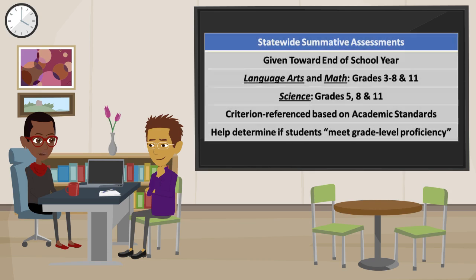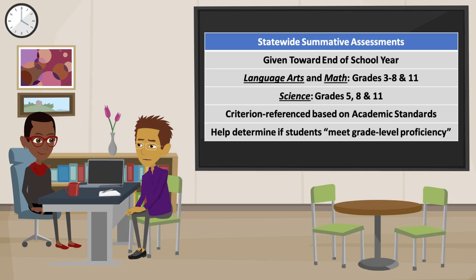Yes, statewide summative assessments given toward the end of each school year in English language arts and math, and in grades 5, 8, and 11 in science, are criterion referenced based on academic standards. Scores on these assessments, like on the individual report you brought, give us information about each student's performance. If students perform well enough to meet standards-based expectations, we call that meeting grade level proficiency.